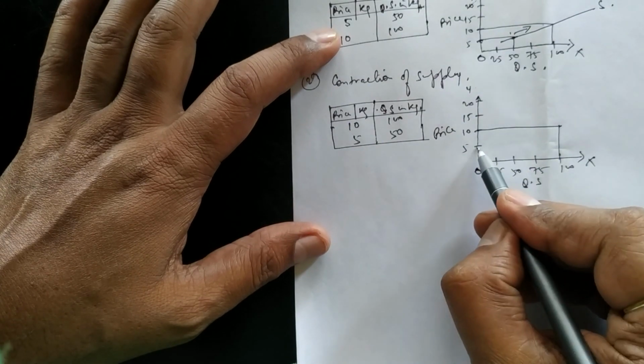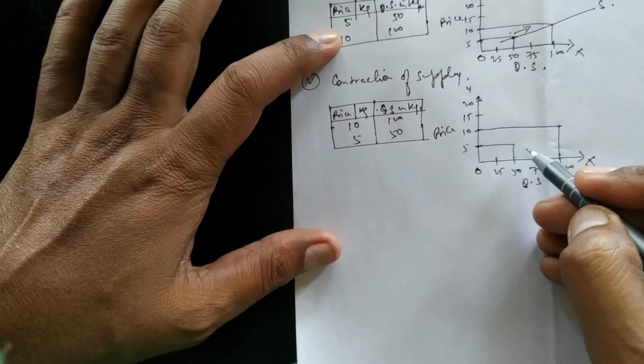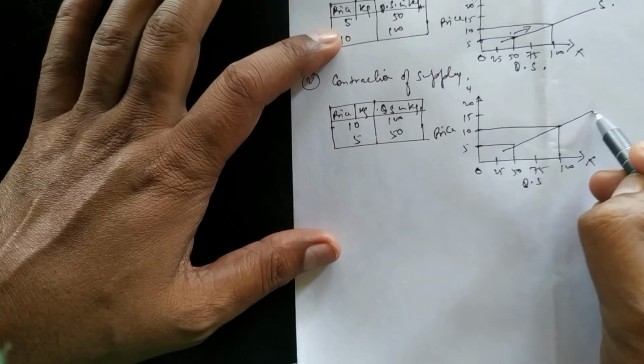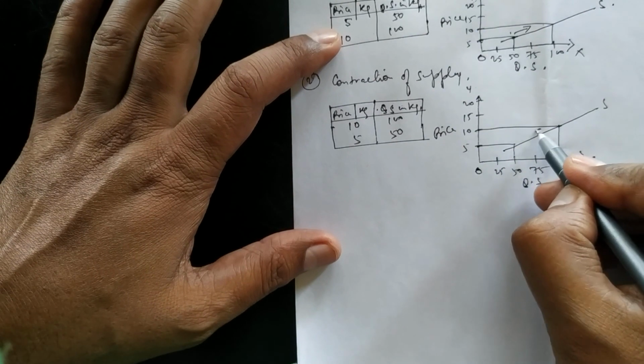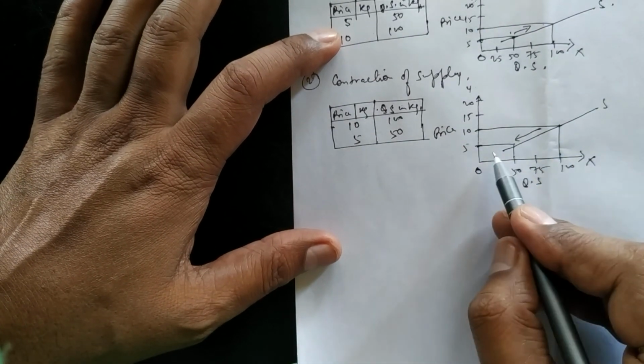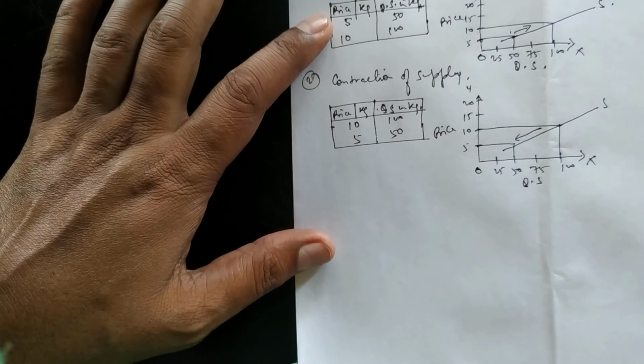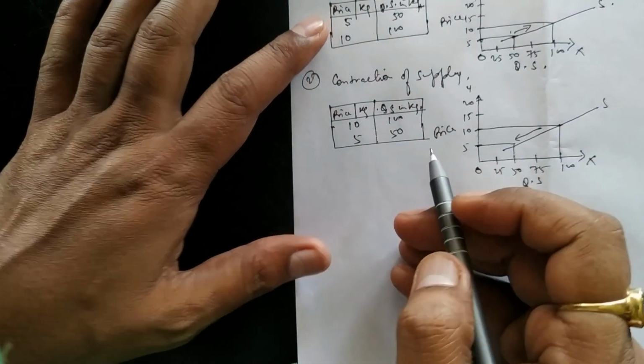Second one, 5 means 50. Clear? This graph will also be like this only, but it is coming from here. Why? Because earlier it was this much, now it came down to this much. Clear? Any doubt?